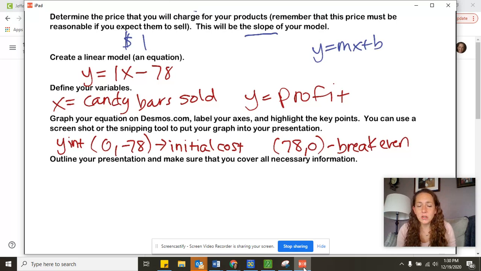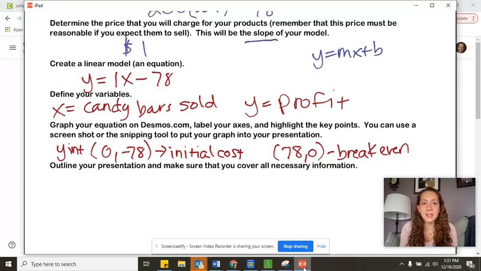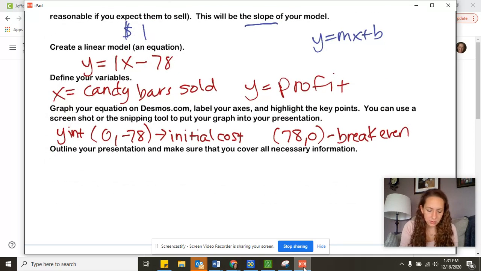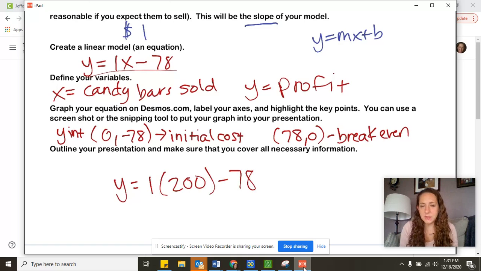And then the last thing you need to know is how much money you could make if you sold all of your candy bars. So to figure that out, I'm going to plug in however many I bought, which in this case was 200, into my equation. So I'm going to say y equals 1 times 200 minus 78.